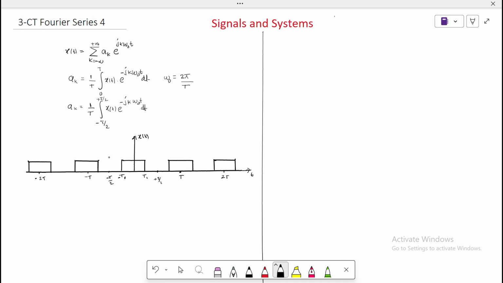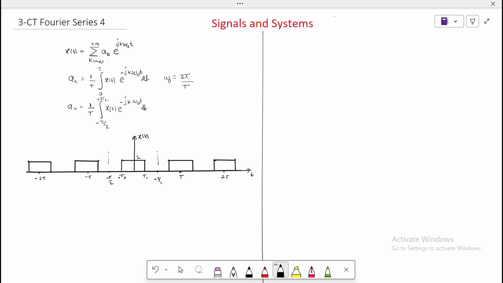In this one time period, from minus T by 2 to minus T1 there is no signal, and from T1 to plus T by 2 there is no signal. The magnitude I am taking as 1. This is the x of t signal.